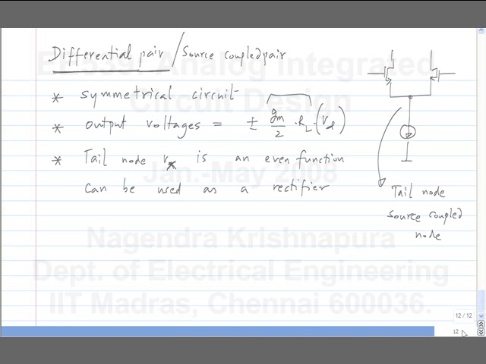Now the source follower itself has a finite, non-zero output resistance. Because of that, it turns out only half the voltage appears across each of the transistors. Okay, that's why you get half.